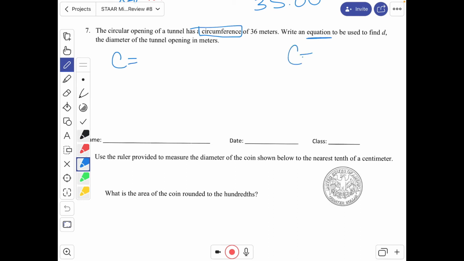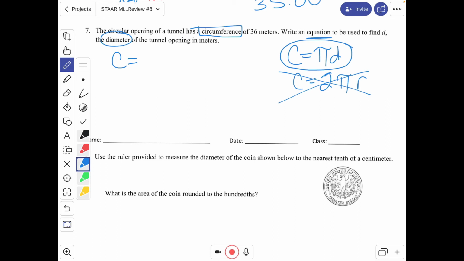On your chart, there's two formulas for circumference. Since they are talking about diameter, we want to use the equation that has diameter in it. And they gave us the circumference, which is 36. So underneath the C goes 36.